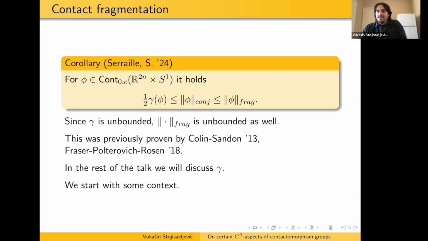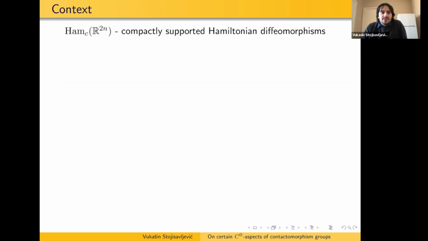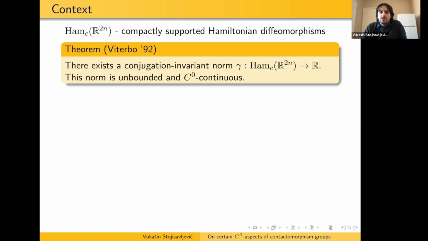Okay, so context, here it is. So first, we start with the Hamiltonian case, compactly supported Hamiltonians, and in 92, so this theorem is as old as me, it was proven by Viterbo that there exists gamma, which is a conjugation invariant norm, and it is in fact C0 continuous and unbounded on this group.